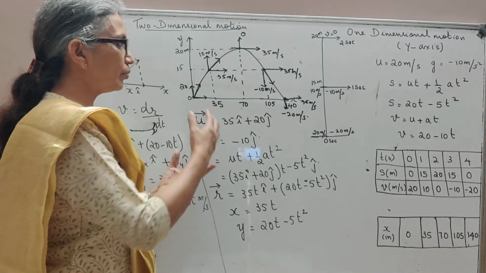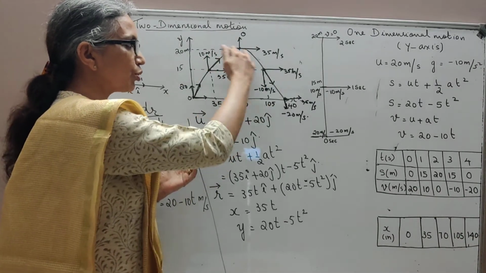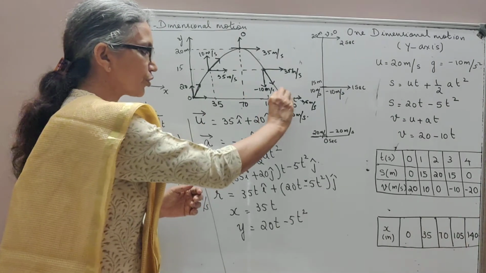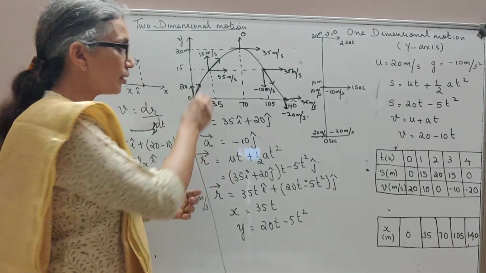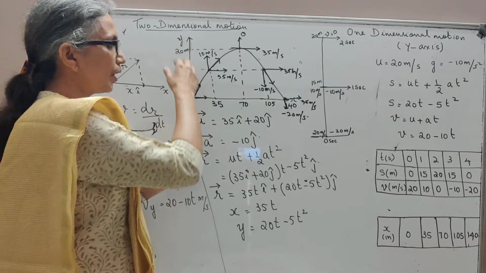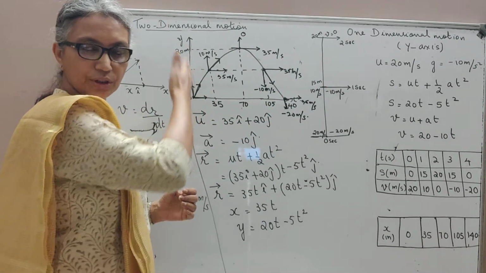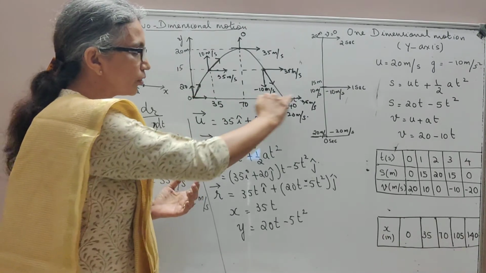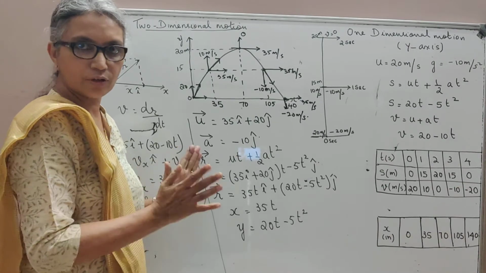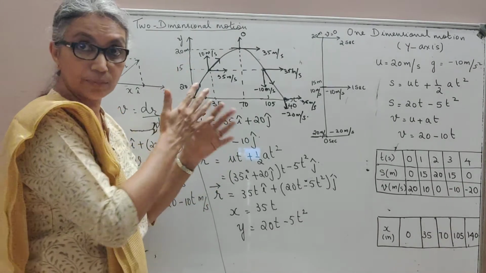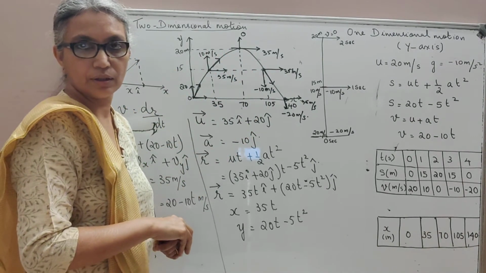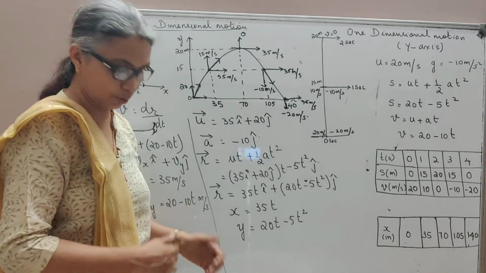And the whole motion of the body can be considered to be two separate one-dimensional motions, one along the x-axis, the other along the y-axis, the one along the y-axis behaving exactly like a one-dimensional motion along the y-axis, and this also behaving as a separate one-dimensional motion along the x-axis, independent of each other, but both happening simultaneously, and therefore we see that the path of the motion of the particle will be a parabola.